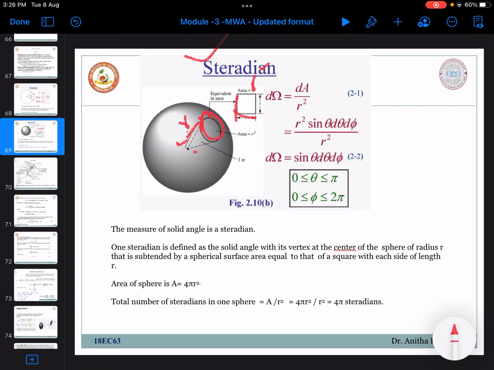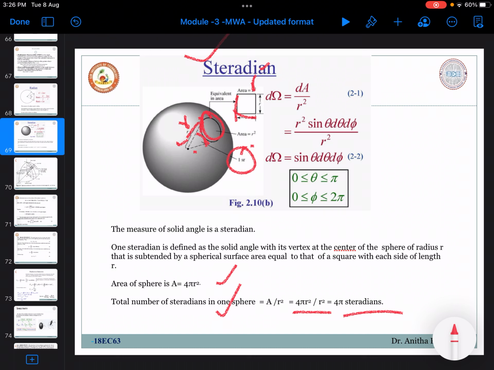As we know, the area of a sphere is 4 pi r square. To get how many steradians there are in one sphere, the total area divided by r square gives 4 pi steradians. The same thing you can prove by integration.